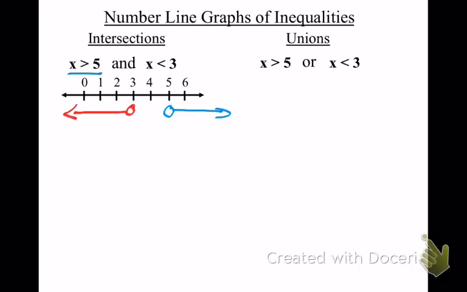And is this a union or an intersection? Everybody. Intersection, it has an and. So tell me, where is the intersection of those two lines, Olivia? There is none. Correct. There's no overlapping of the two lines.